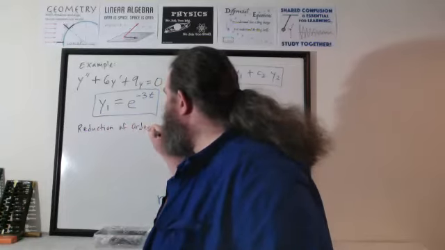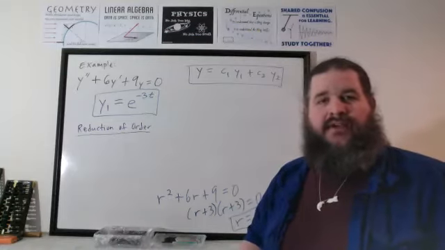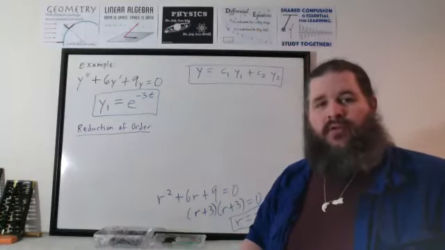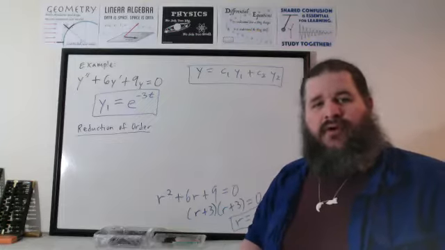The reason it's called reduction of order is we make a certain guess that allows us to turn the second order equation into a new, simpler first order equation, reducing the order of the equation. And then we can solve that first order equation.